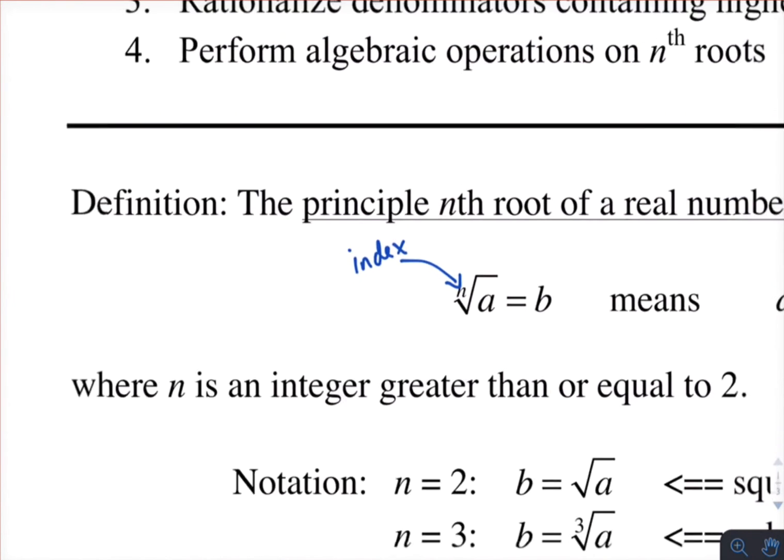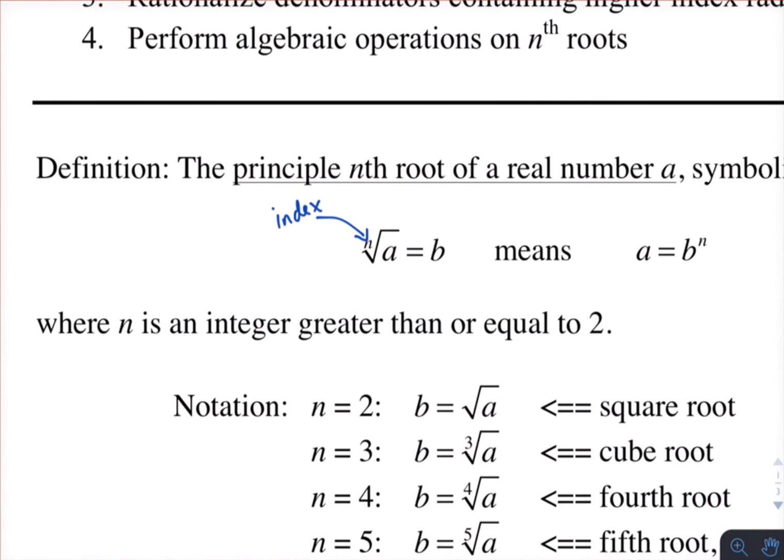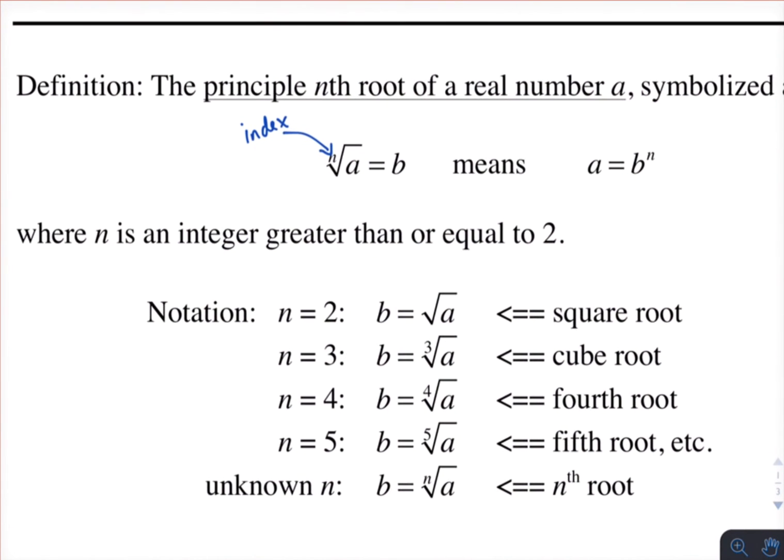And depending on what the index is, that tells us what kind of root we're taking. Notice that the index is always an integer greater than or equal to 2. You can see when it's 2 it's a square root, when it's 3 it's a cube root, 4 means fourth root, 5 means fifth root, and so on and so forth. So 11 would mean 11th root. And when we don't know what n is, we just call it the nth root.